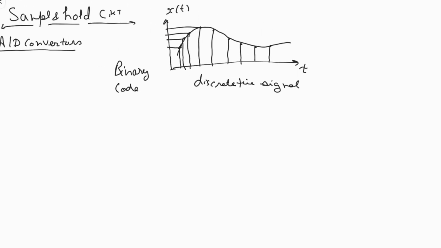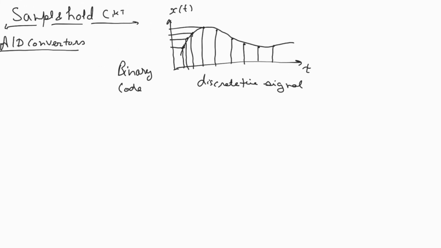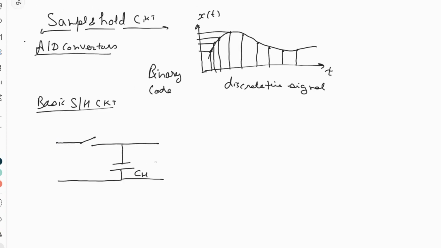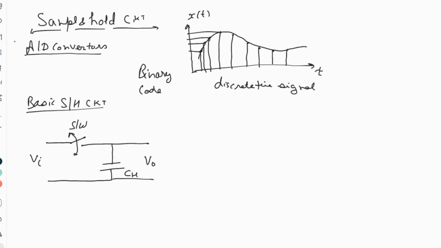So to find out the amplitude at a particular instant of time, this is where sample and hold circuits come into the picture, where we want to know what's the voltage level or signal level at that value. For this, the simplest way is to use a capacitor, where let's say we have a capacitor Ch and it is connected through a switch to an input voltage.